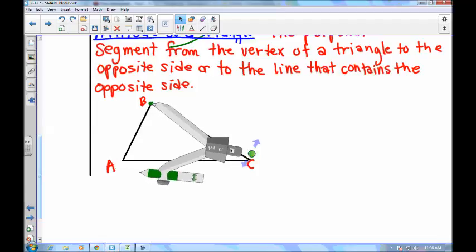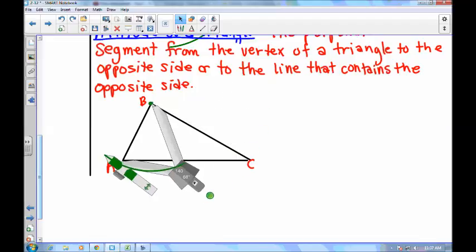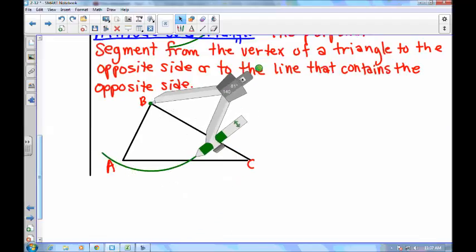Okay, we need to draw an arc that will intersect AC twice. And so it's okay if your arc, see if I draw my arc there, I actually missed a side, that's fine.